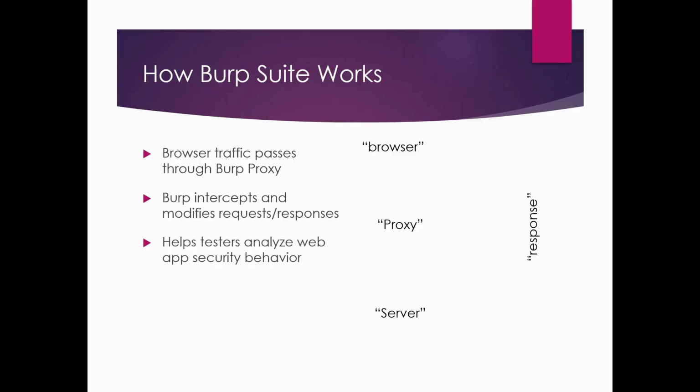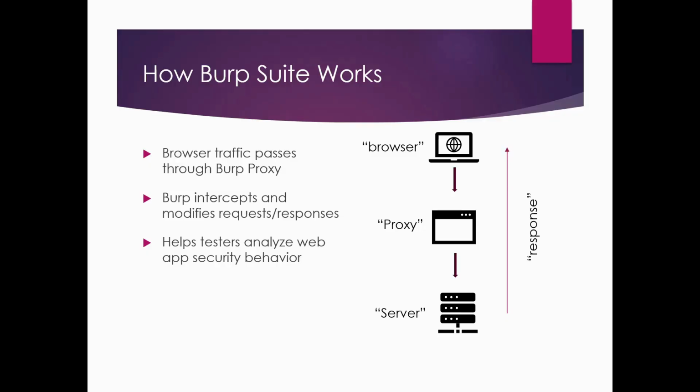You can then view it or forward that request to the server. Same happens with the response. Burp receives it first, allowing you to see headers, cookies, and data before your browser displays it. This setup is what we call a man in the middle proxy, but used for legitimate testing.